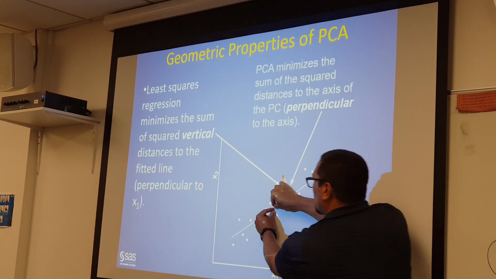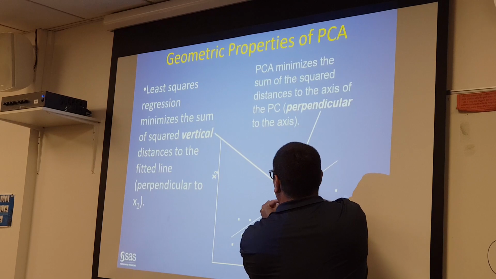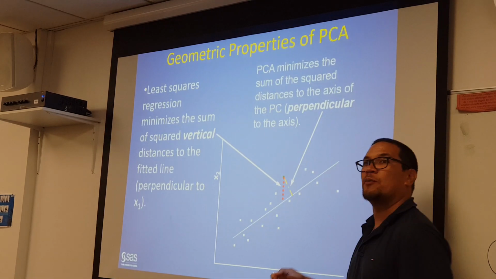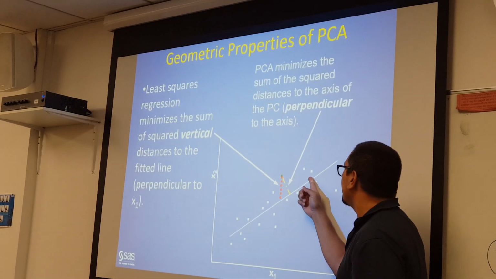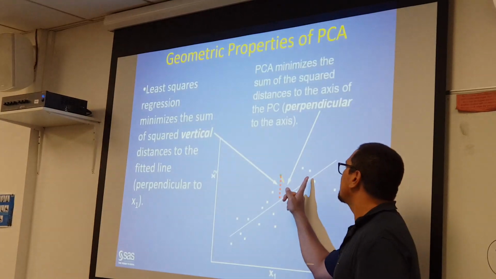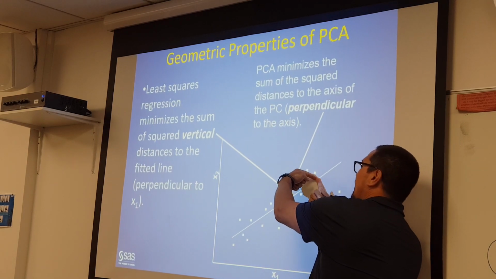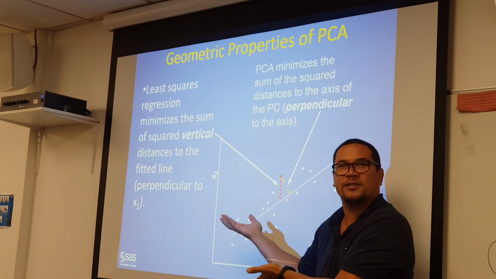Think about it. If all the data lay perfectly on a straight line, then your axis would explain that data perfectly, and the variation around that line would be 0. You've lost 0 information. If I project the data onto that line, the distance is the information that I'm losing.